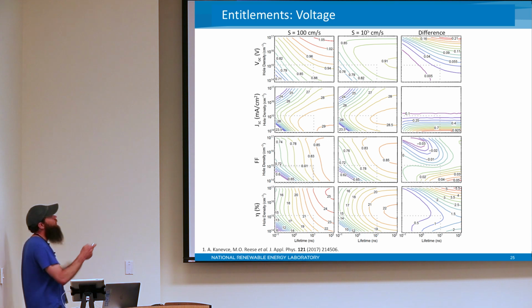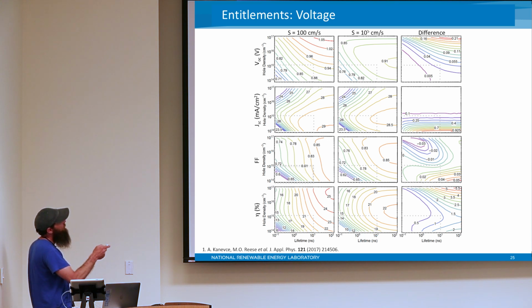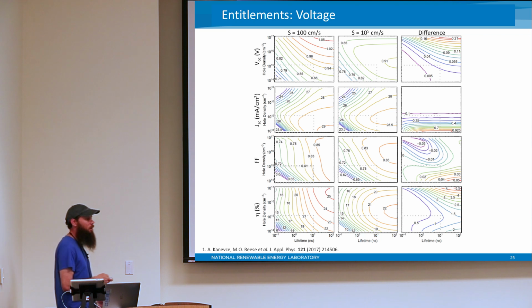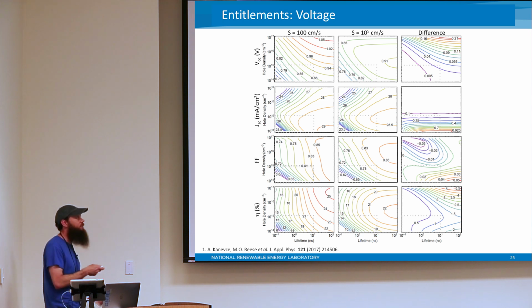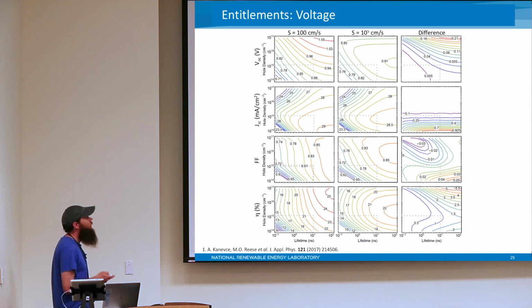Okay, so these rectangles, I don't know how well you can see them, they're gray, are highlighting where we live today in terms of the hole density. So we're maybe in the mid 10 to the 14 range, and the lifetime is generally 10 nanoseconds or less.